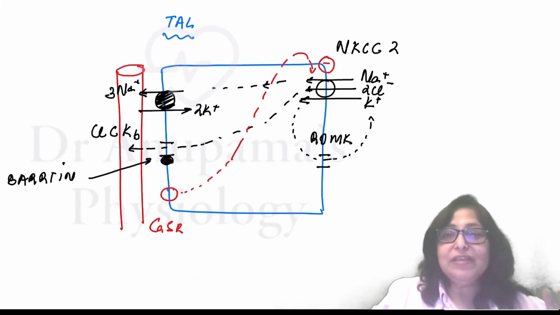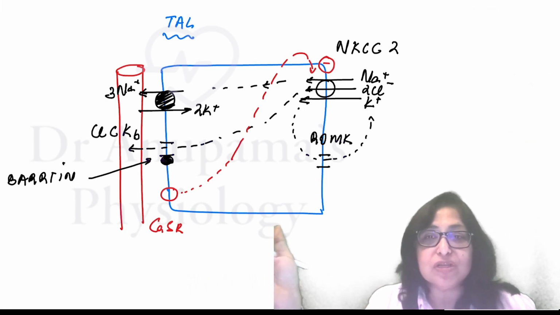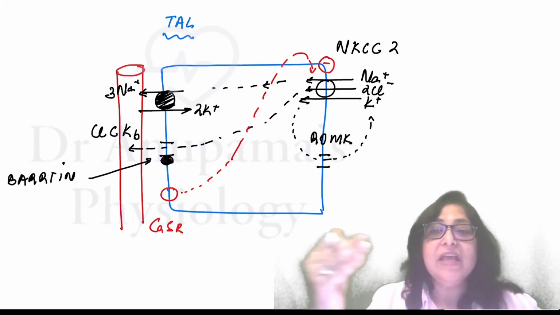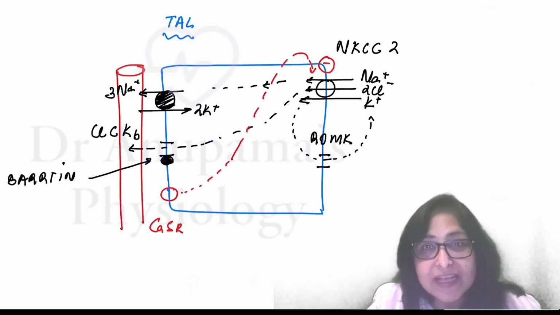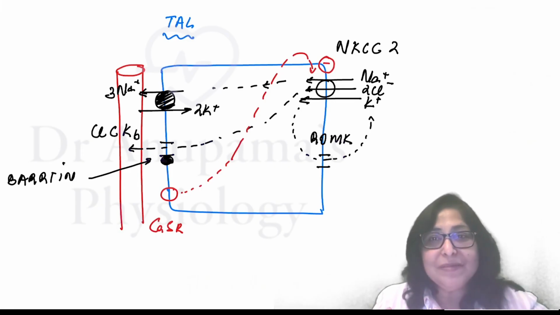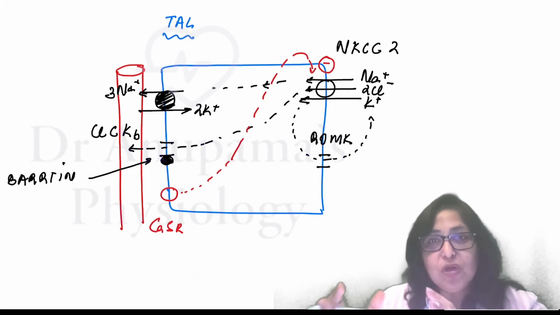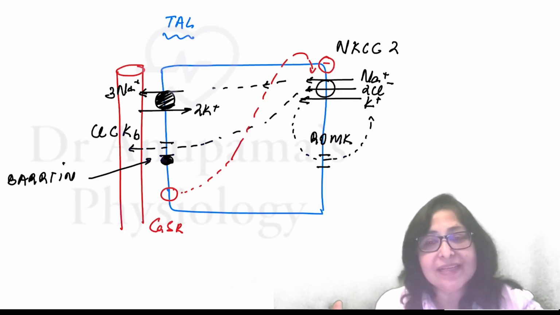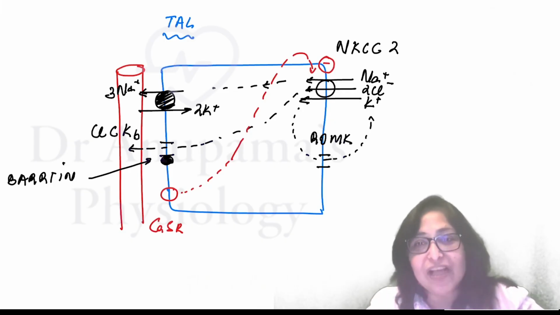So if there is an increase in the plasma calcium level, it will start inhibiting the sodium-potassium 2Cl- co-transporter. Likewise, if there is an increase in magnesium level in the plasma, it will inhibit the NKCC2. If NKCC2 is inhibited, there will be less reabsorption of sodium potassium chloride. Now that positive potential, which is created by the leak of potassium, will not be there.